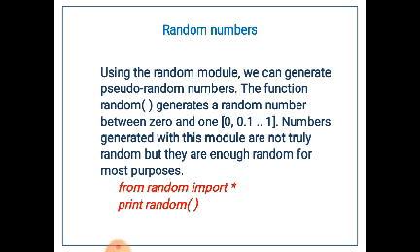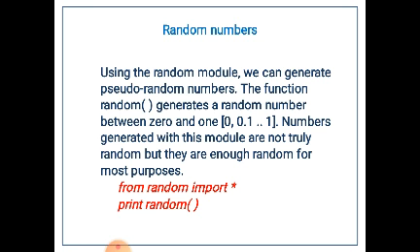Here we have a function called random. This random function generates random numbers between 0 and 1. You can see the example there, 0, 0.1 and so on till 1.